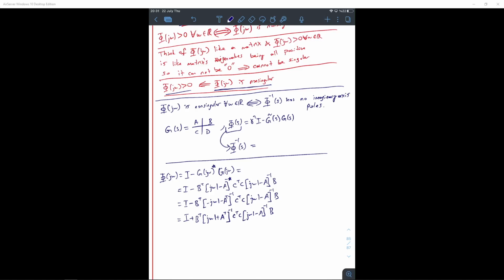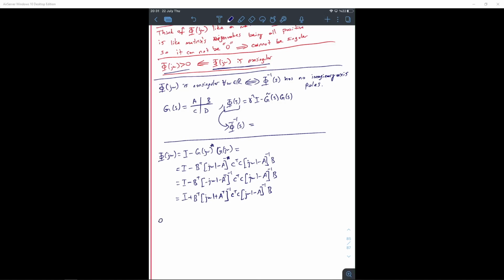well, if we really try hard, we can notice that phi of s is A 0 minus C transpose C minus A transpose.